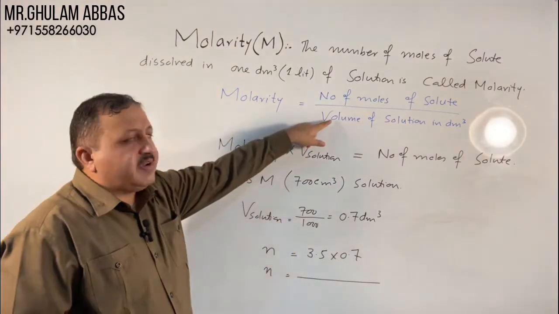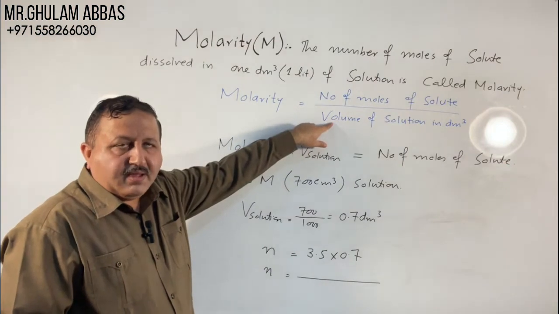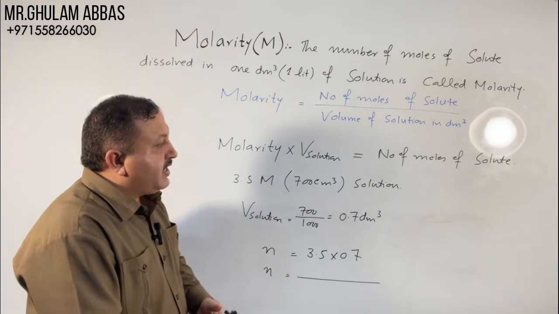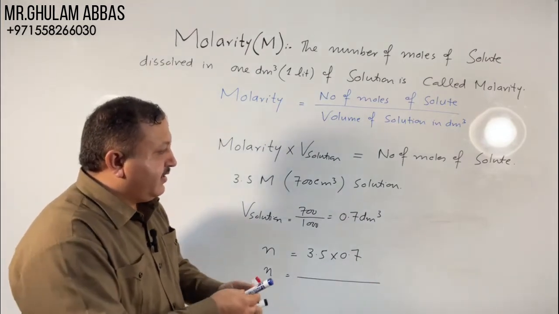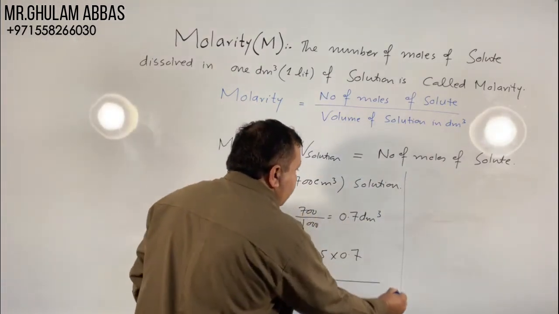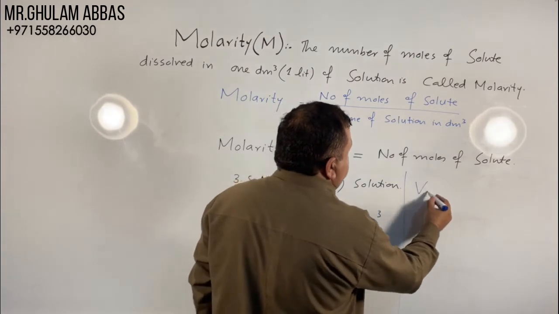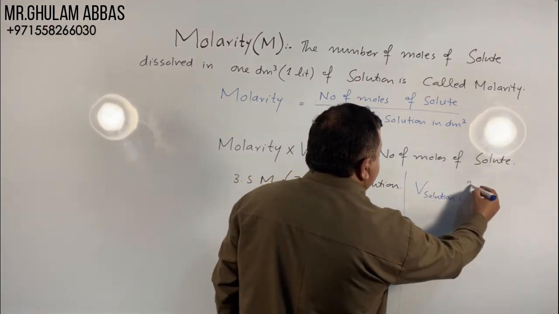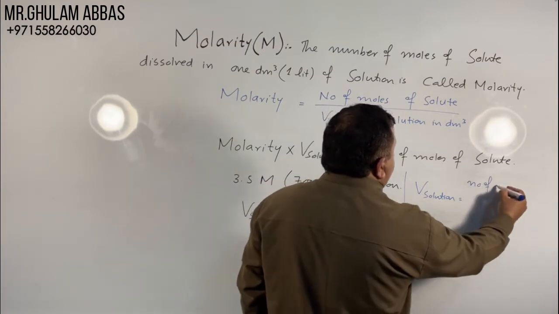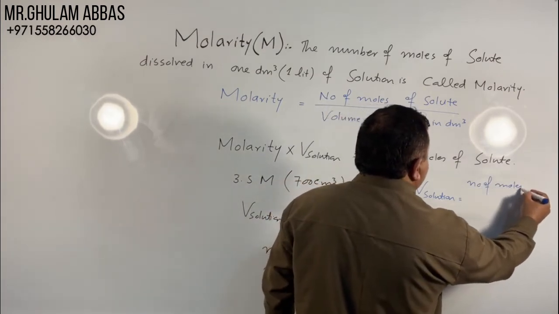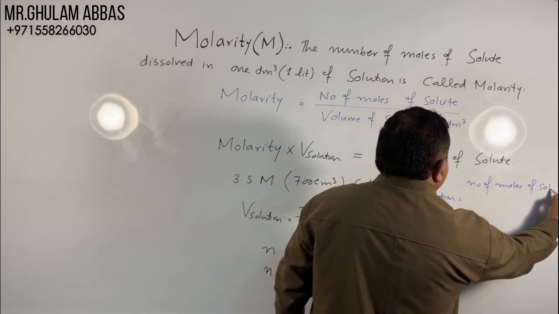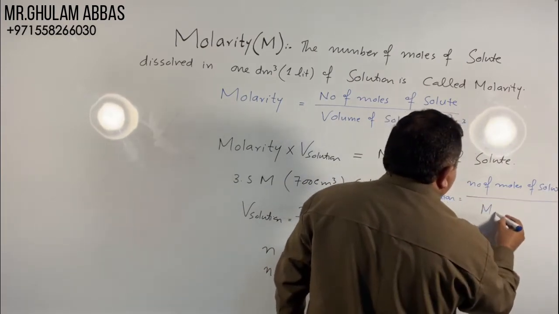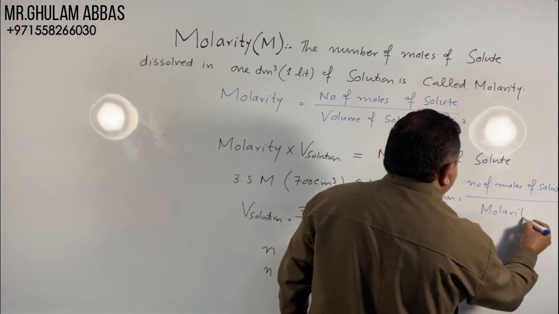If we want to calculate the volume, and moles and molarity are given, we can also use this formula. Volume of solution is equal to number of moles of solute divided by molarity.